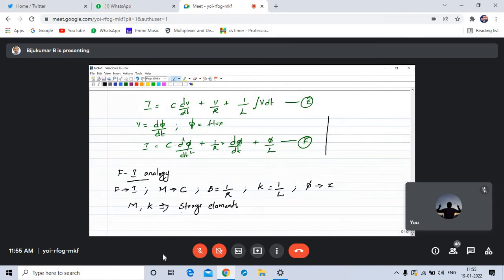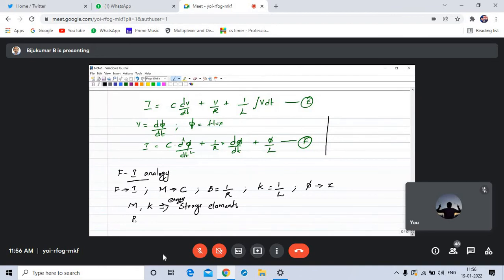Because both are analogous to either L value or C value, and in electrical system L and C are energy storage elements. So using this analogy we can conclude that the mass and the spring in a mechanical system is energy storage element.